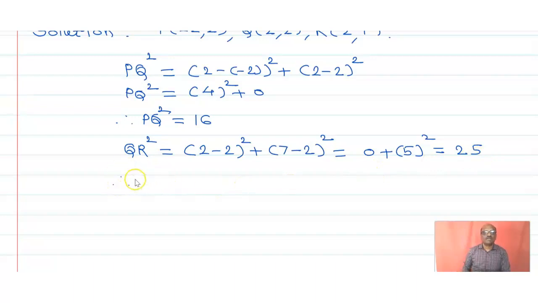Therefore QR square is equal to 25. This is the first one.